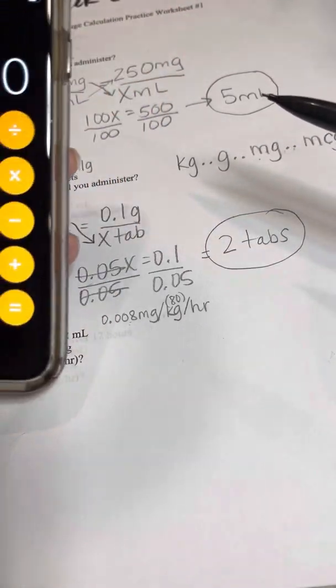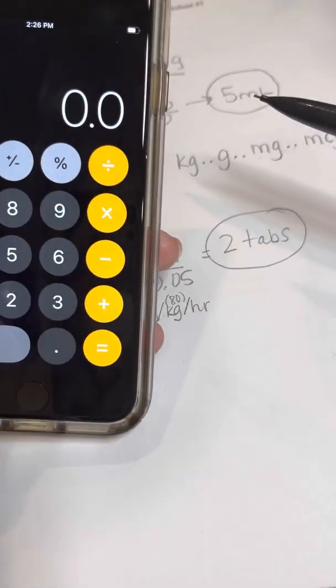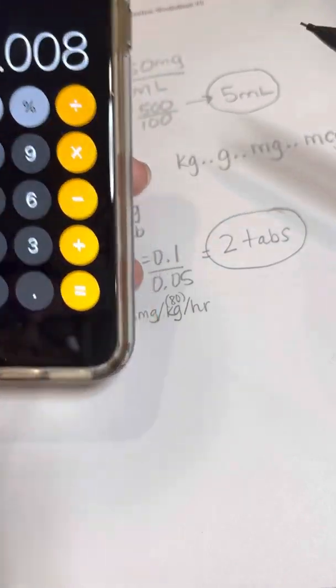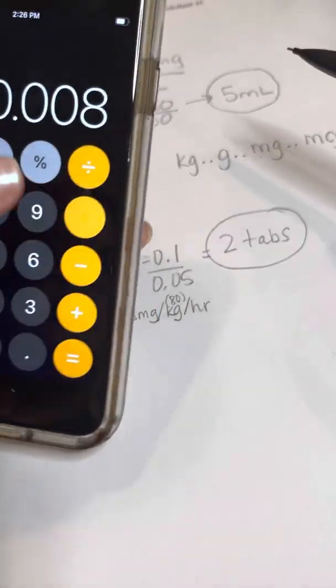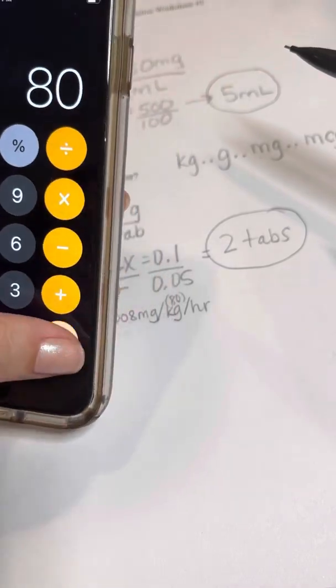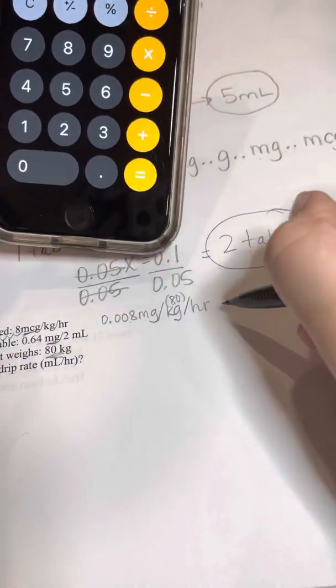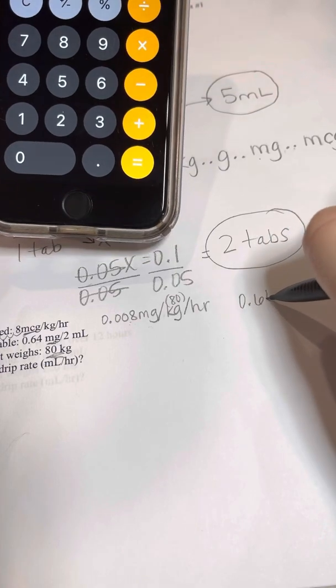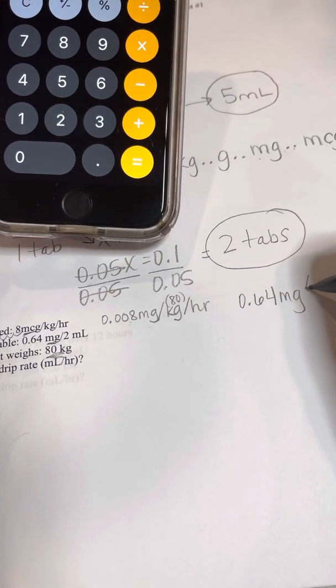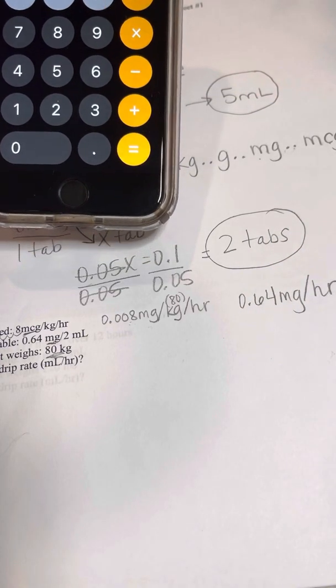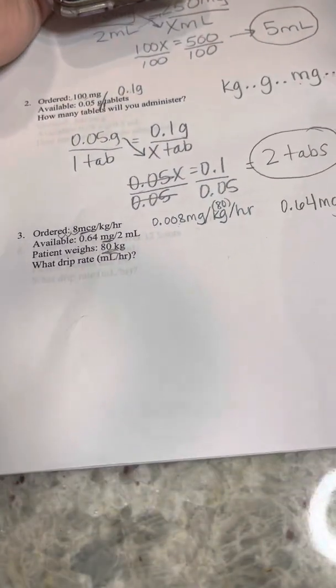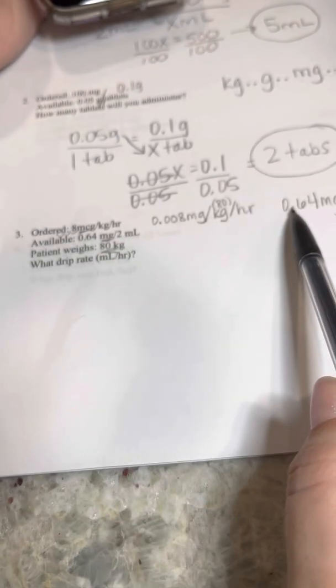Okay, so we're going to do 0.008 times 80, and we get 0.64. So we need 0.64 milligrams per hour. Now, if we just think about it, there's 0.64 milligrams in 2 mLs available, and we need 0.64 milligrams.